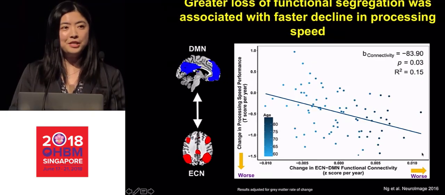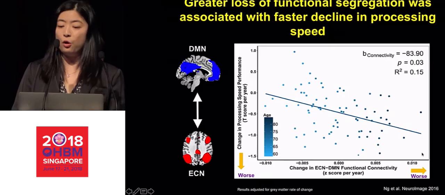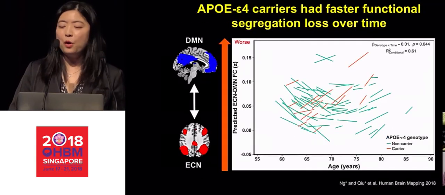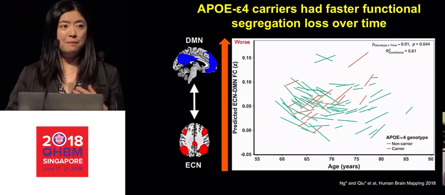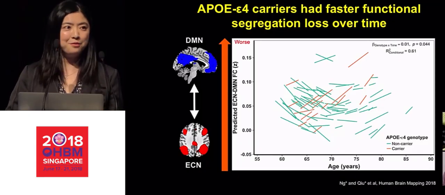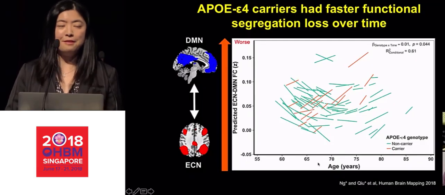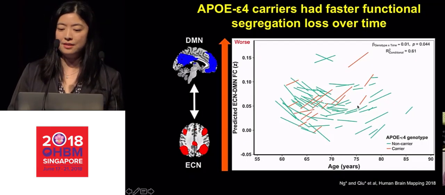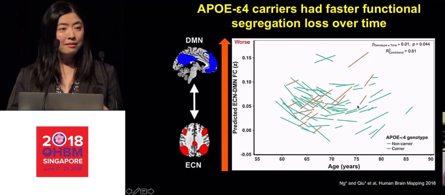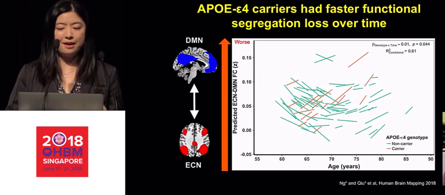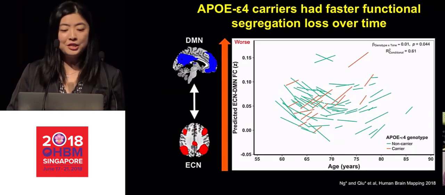So this is the relationship of their rate of change over time. Interestingly, when we divide the participants into ApoE4 carriers and non-carriers, we found that ApoE4 carriers in red had faster loss of functional segregation over time compared to non-carriers in green, suggesting that ApoE4 carriers had an accelerated aging pattern.